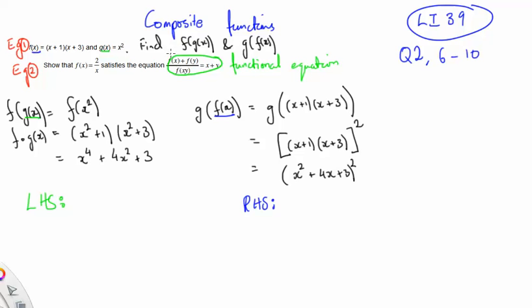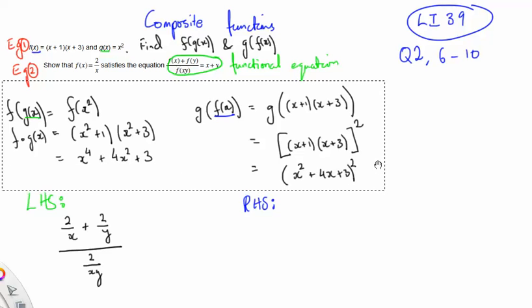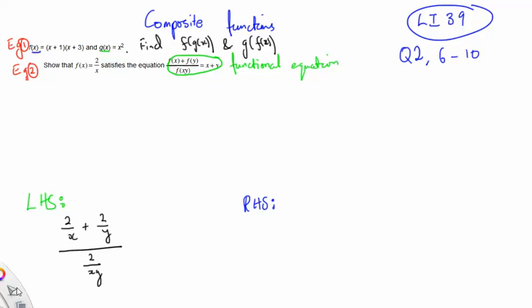So let's do the left-hand side. We have f of x, which is 2 on x, plus f of y, which is 2 over y, over f of xy, which is 2 on xy. Now we're going to have to clear some space here because we're going to have to do some serious fraction manipulation. Alright, let's make these denominators the same.